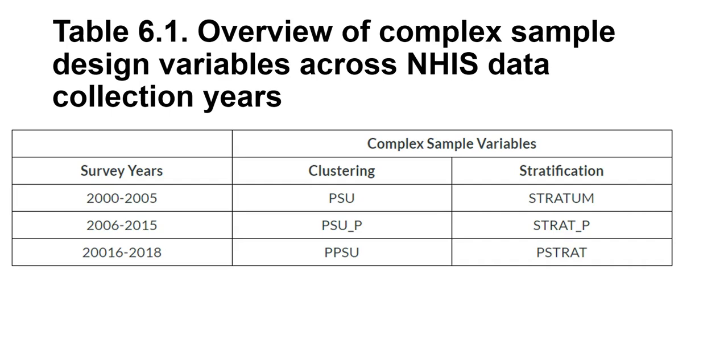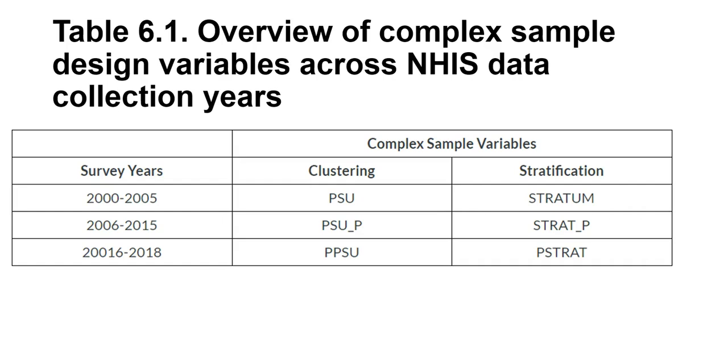So these are the variables used for clustering as well as stratification from 2000 onward. As you can see, as the design changed, the clustering and stratification variables changed slightly.